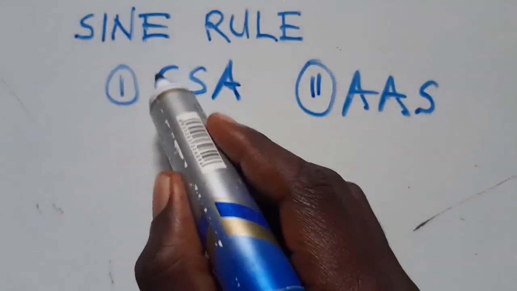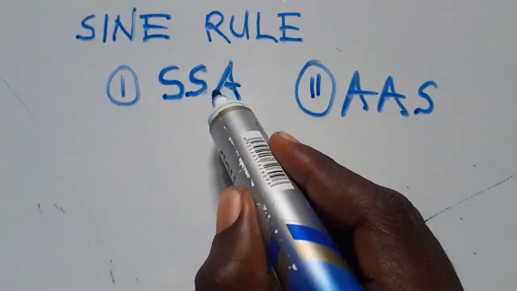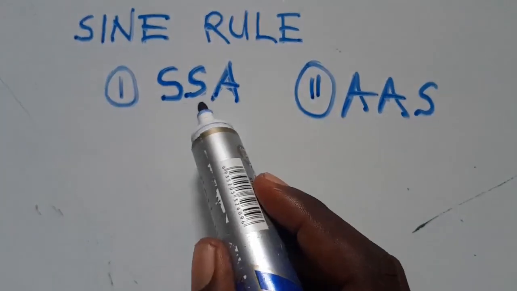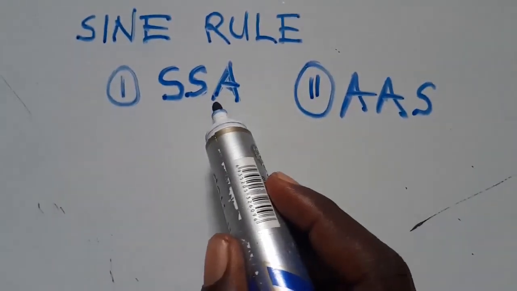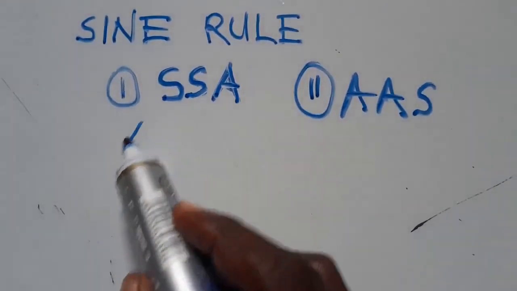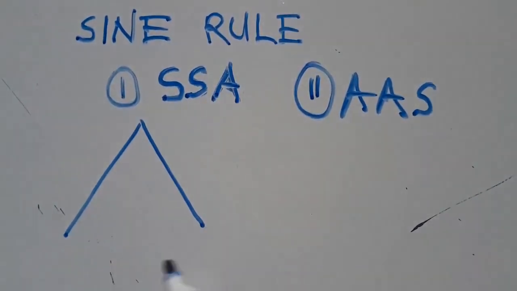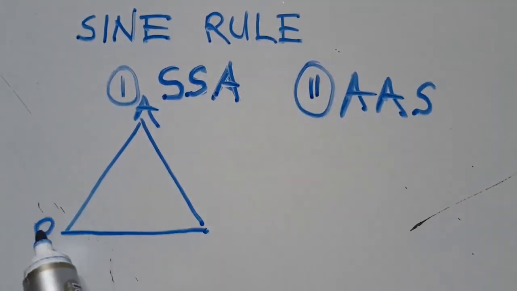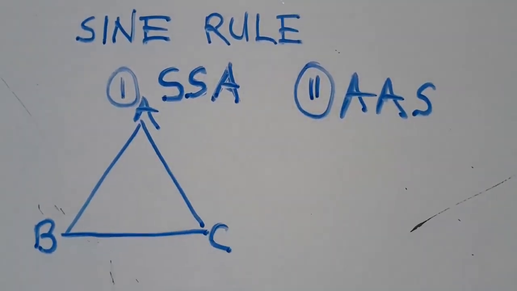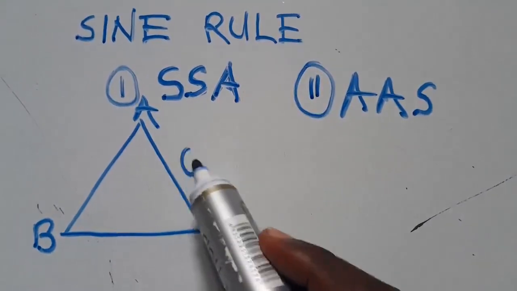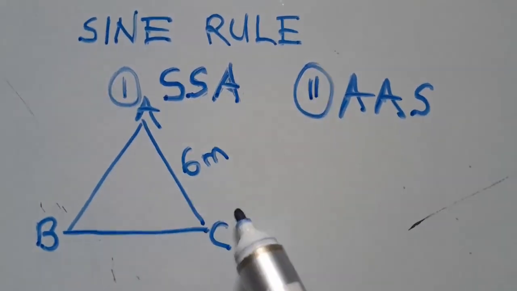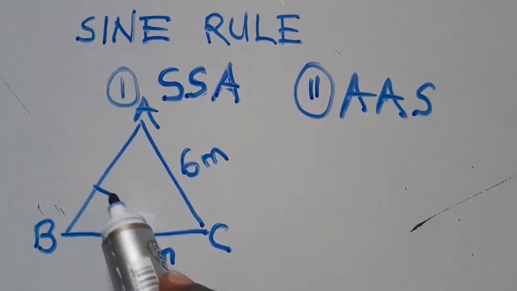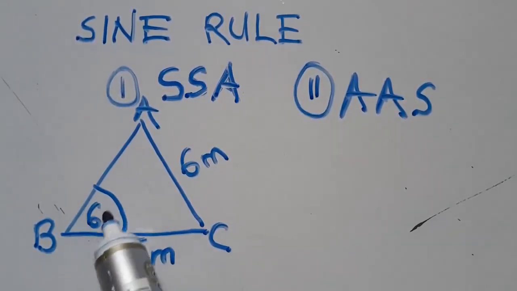The way I've written this is also another way in which you need to interpret this. Have you seen these two sides are not putting the angle in the middle? It can be in this format. If this is your A, this is your B, this is your C, you've got two sides: you can have 6 meters this side, 5 meters this side, then an angle this side, which is 60 degrees.